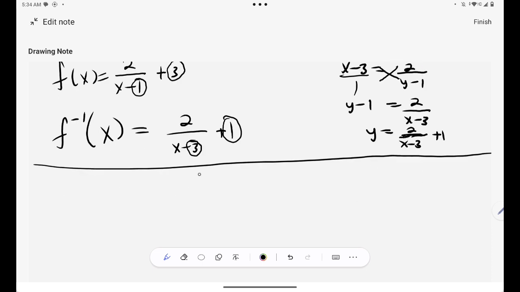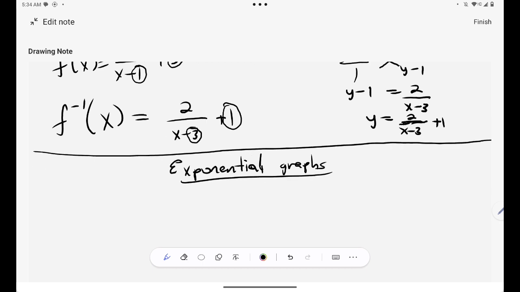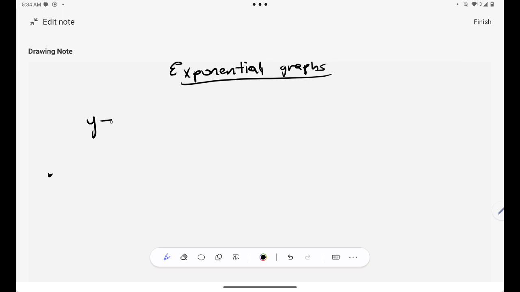Even when you are dealing with exponential graphs, it's simple. If you have a graph like this, let's start with the simplest one.